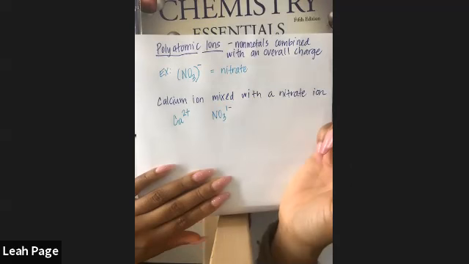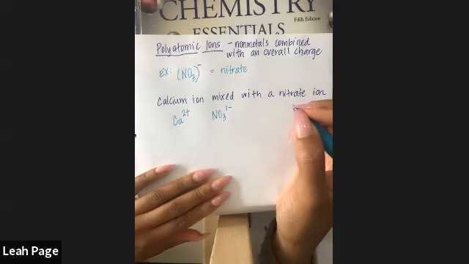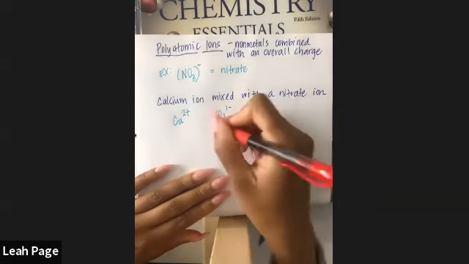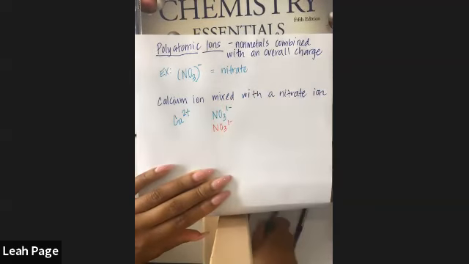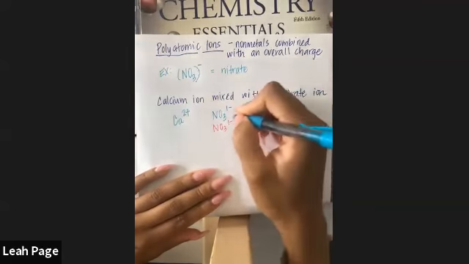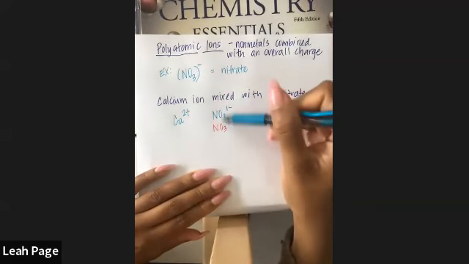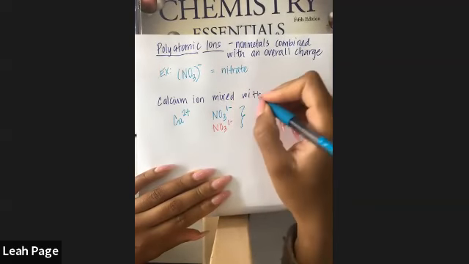So in this case, how many nitrates do I need to cancel out my calcium? You need one more. Great. So if I add one more nitrate, I can still do the same thing. I could still just switch the charges, but I'm showing you I need 2 nitrates for every 1 calcium.